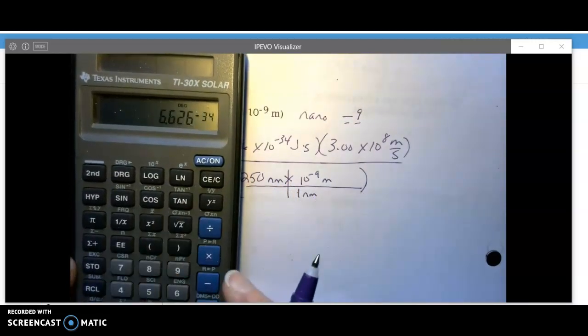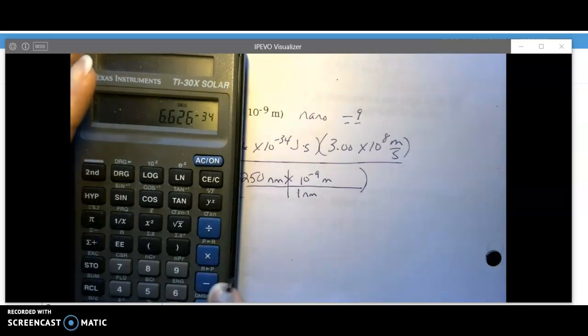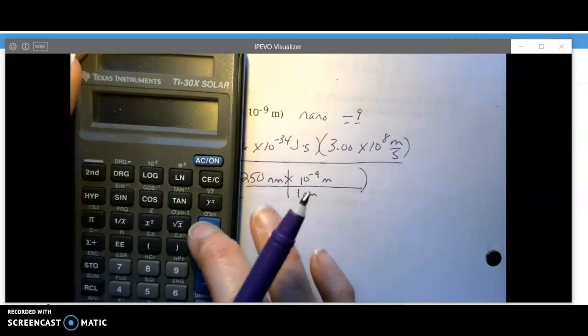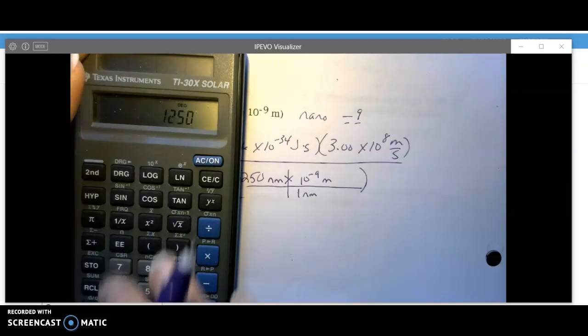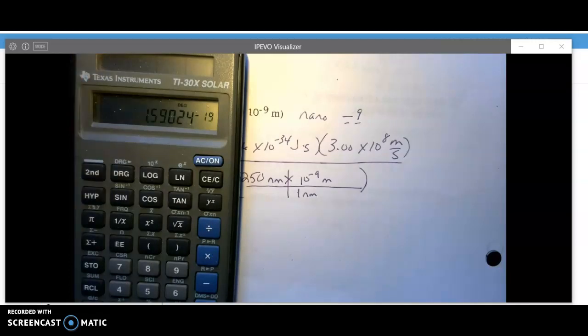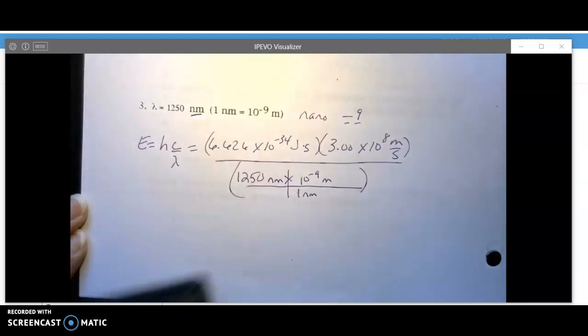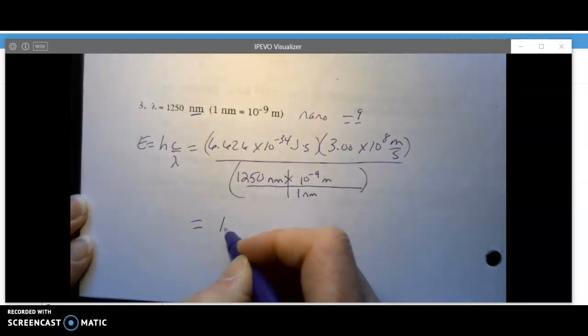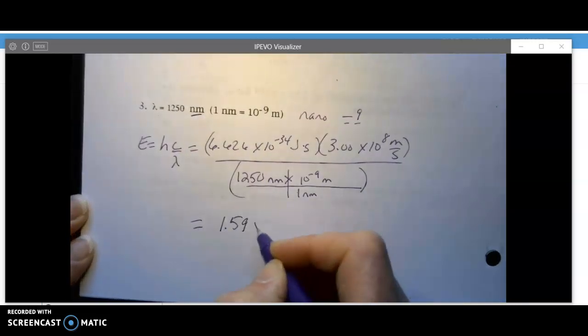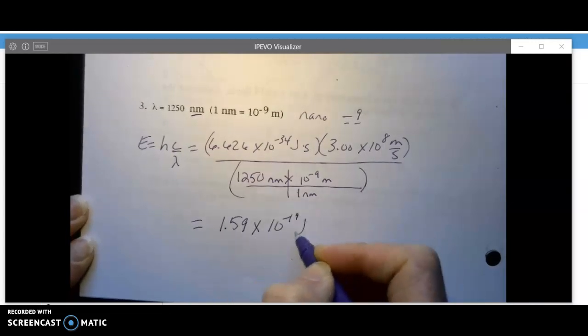You guys have to do negative 34 in your calculators first, times 3 EE 8, divided by 1250, again, EE negative 9. So that is just scientific notation, so it's not really that big a deal to enter that. I just wanted to show you that. So that equals 1.59 times 10 to the negative 19th joules.